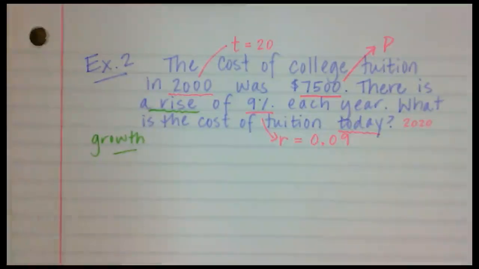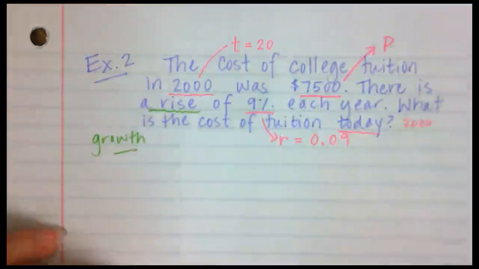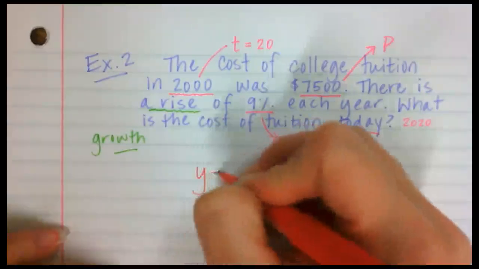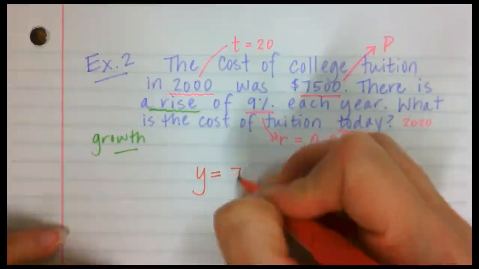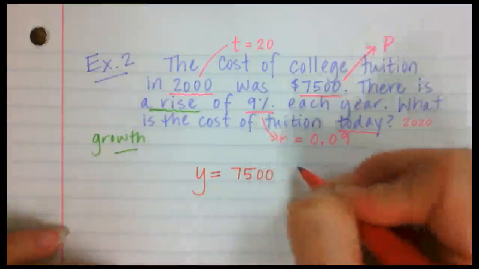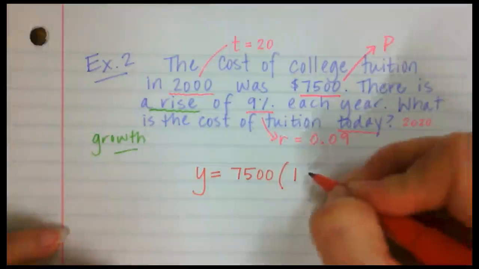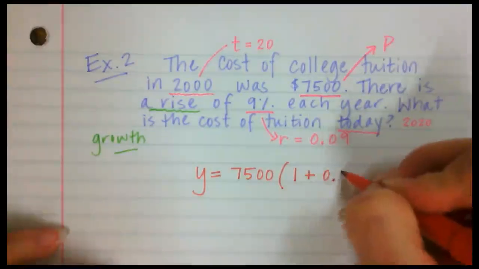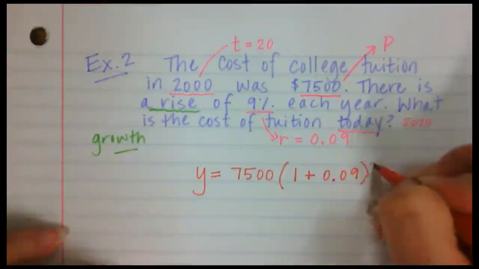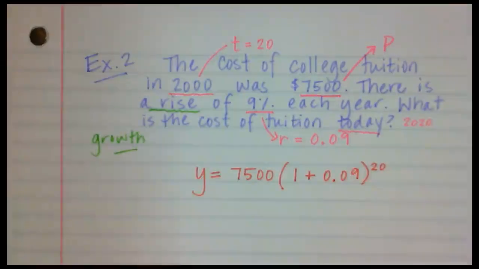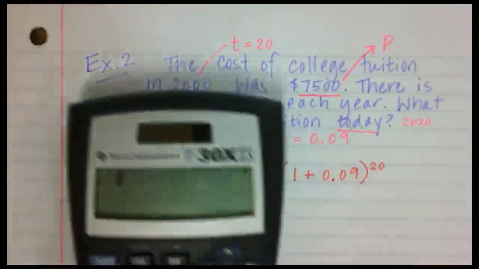All right, so we're going to fill in the equation. So we're using the growth equation. So y equals the starting amount, 1 plus 0.09, and the exponent of 20. So now you grab your calculator, clear that out.